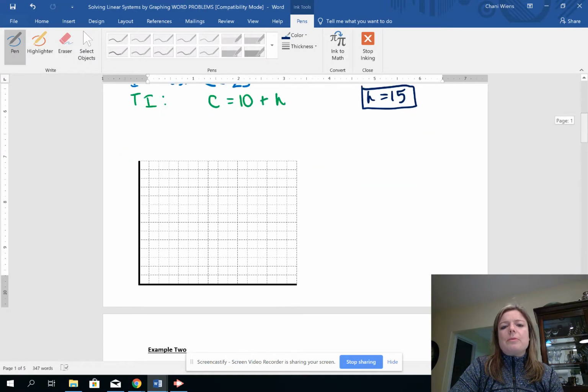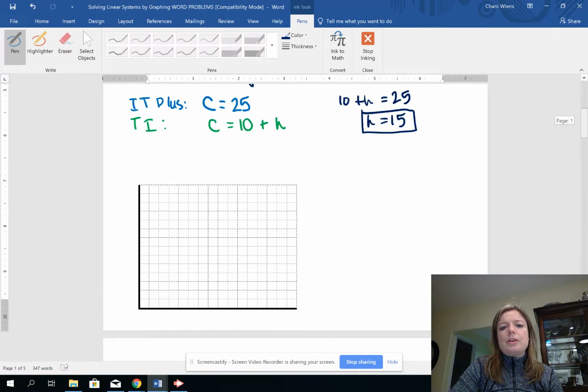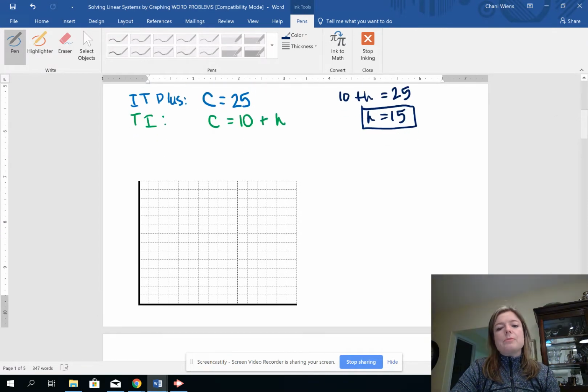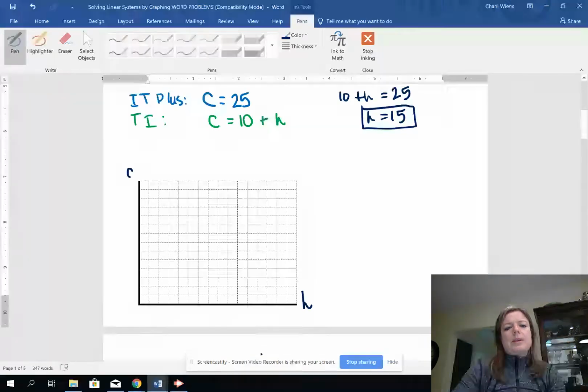So how does a graph help you here? Well, a graph will help you find out when each one is cheaper. So it's more valid to say, well, less than 15 hours, you should choose this, and more than 15 hours, you should choose this. So I want you to go ahead and graph it here. You can do hours and then cost up here.